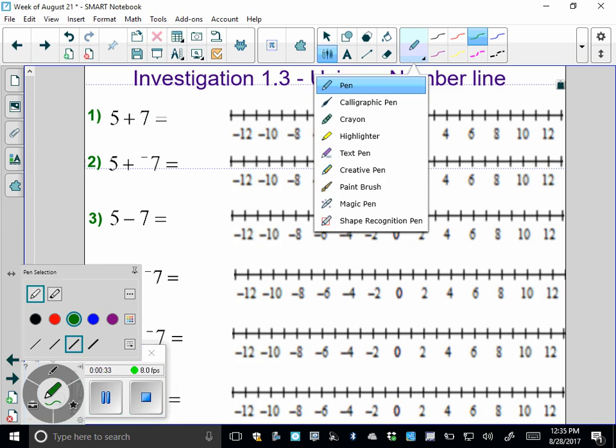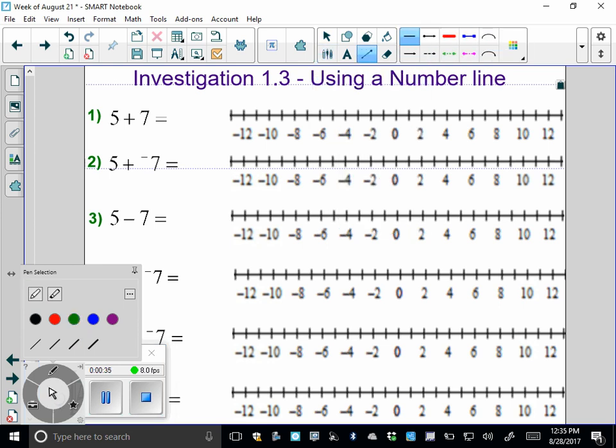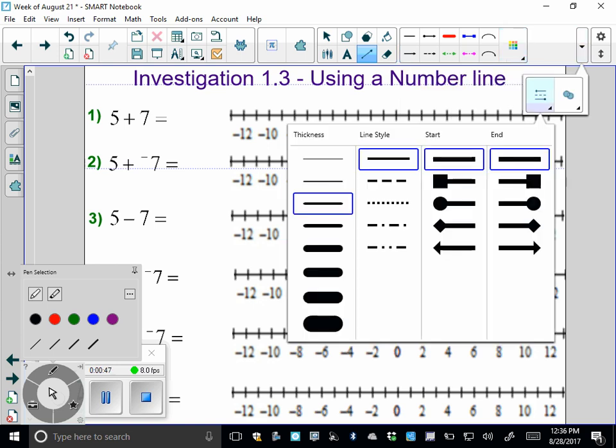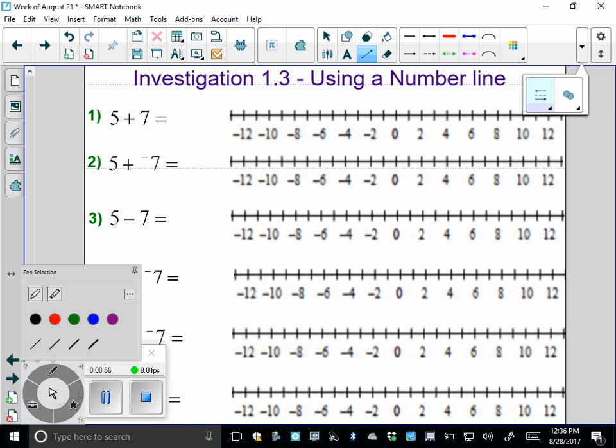we can make a model, and I'm just getting a tool here so you can follow along with me as I model this. The first one we did in class was, of course, a simple one.